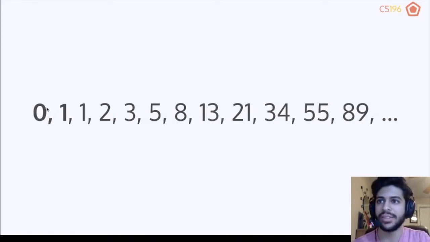If I want the 5th Fibonacci number, for example, I can just look here and say 2 plus 1, the last two numbers, add them together, and I will get 3. And it's the same thing here. 5 is equal to 3 plus 2. 8 is equal to 5 plus 3. You just basically add the two numbers that came before it.